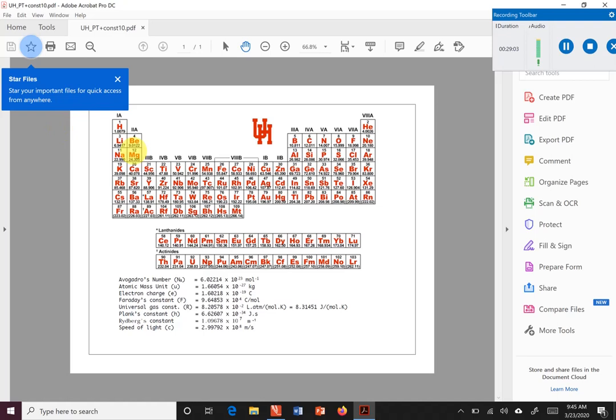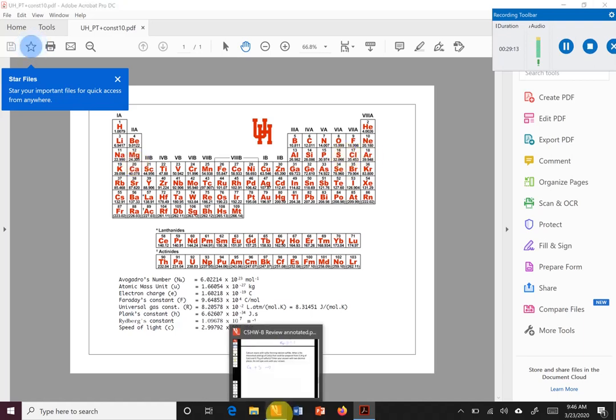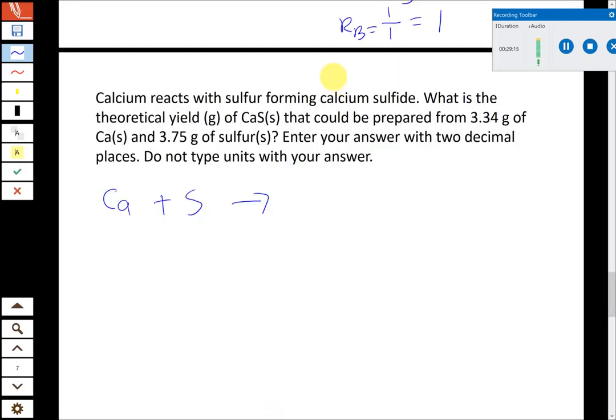So calcium is in group 2 of the periodic table, so it's going to be a 2 plus cation. Sulfur is in group 6, it's going to form a 2 minus anion. And so when we want to find the formula of calcium sulfide, we have calcium 2 plus and S 2 minus. That means the formula of calcium sulfide is just CaS, one of each to balance the charges, okay?